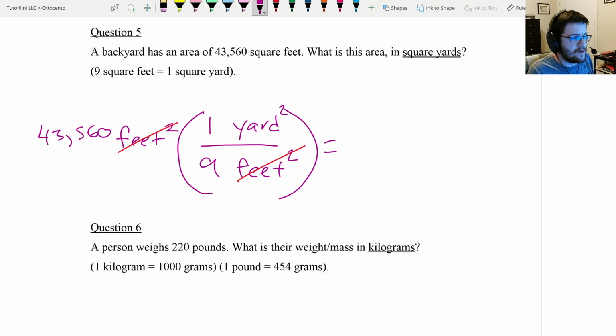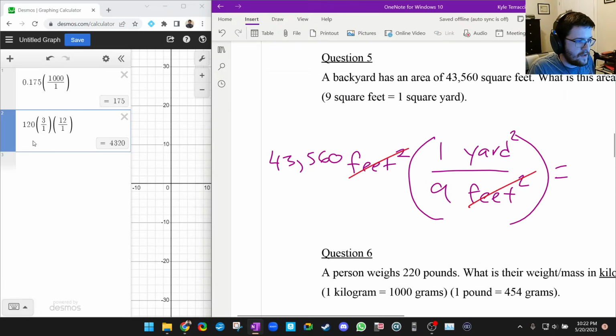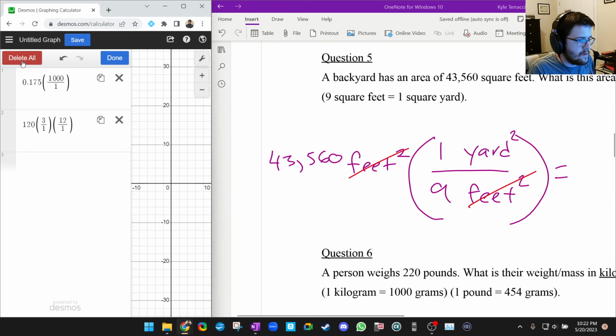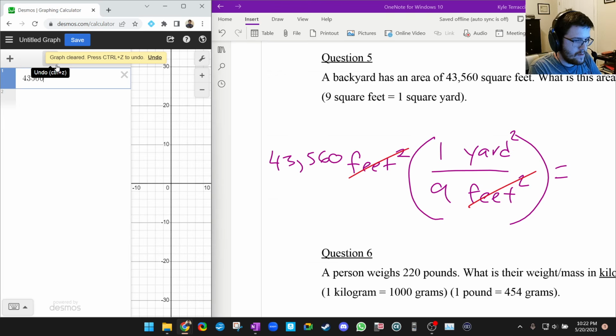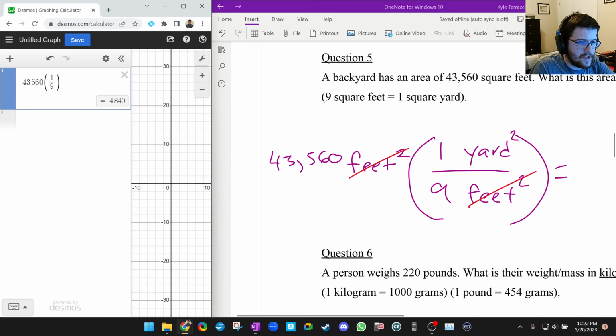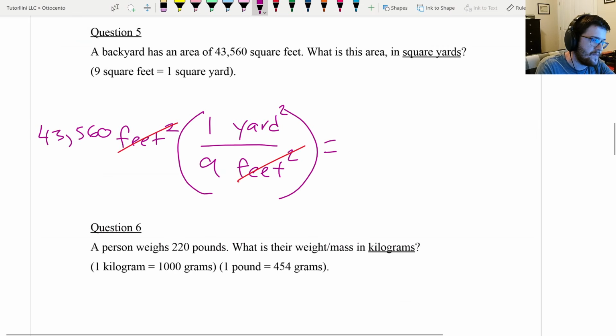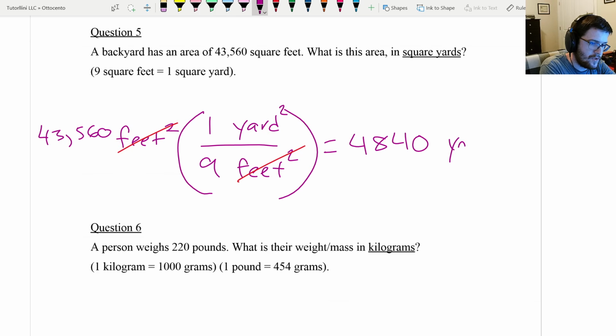So now we just need to do 43,560 times 1 over 9, and we get 4,840 square yards, or yards squared.